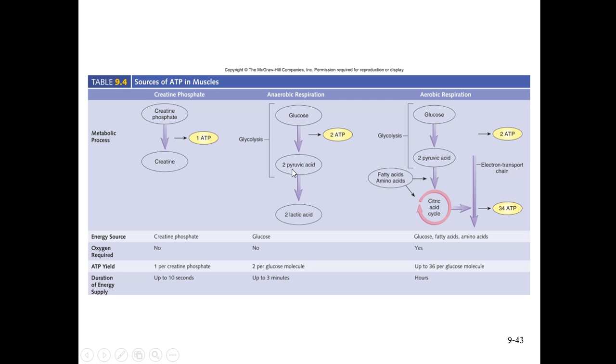But this time, without oxygen, I do fermentation. Anaerobic respiration is oftentimes called lactic acid fermentation. And look how many ATP we get out of it. 2 ATP per glucose molecule.